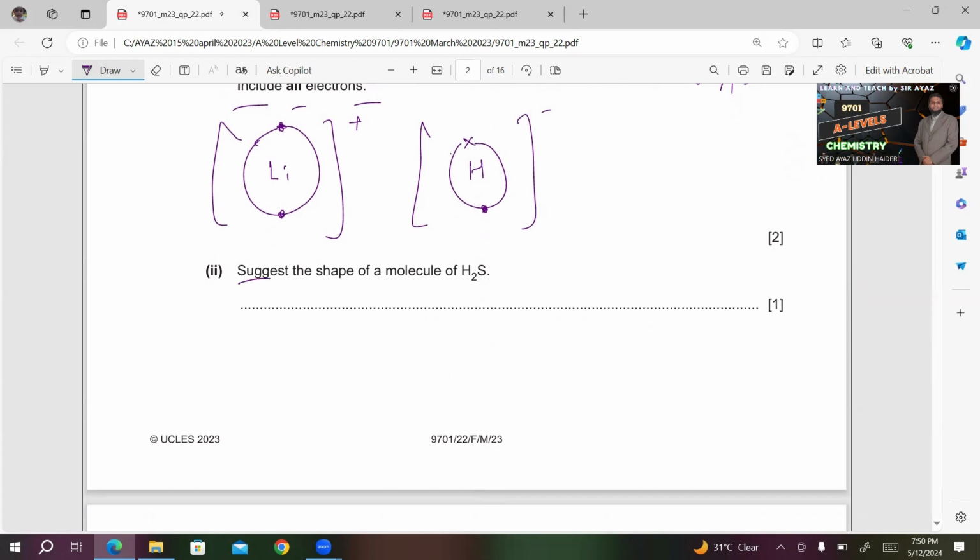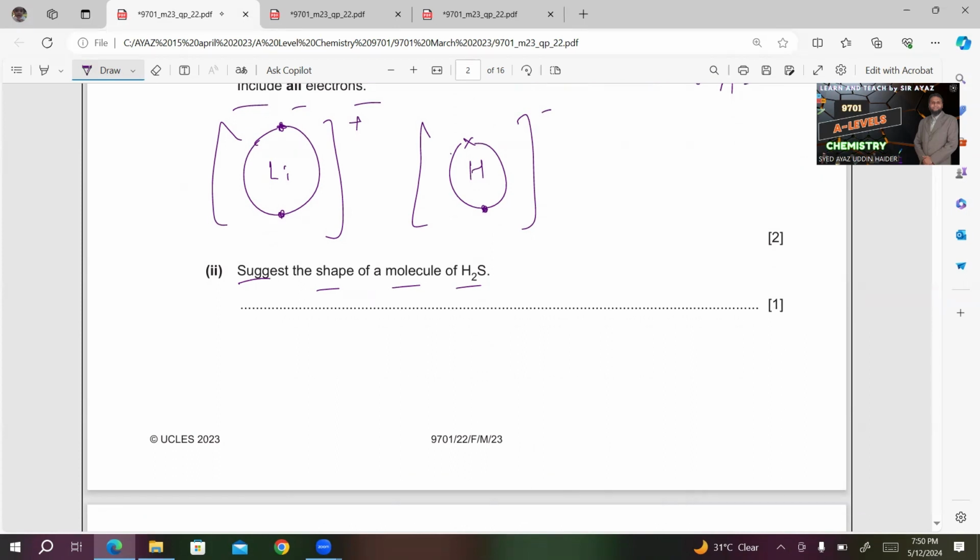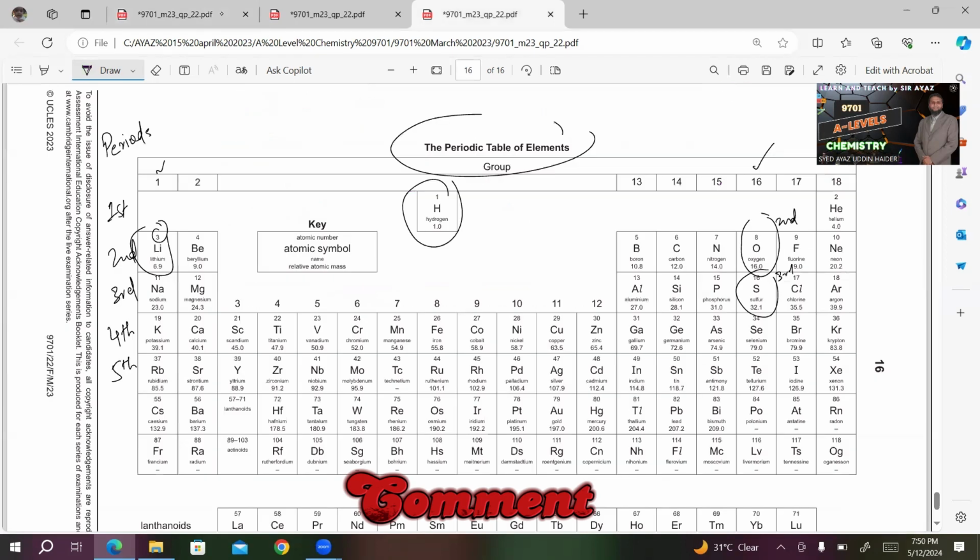Number 2, suggest the shape of a molecule of H2S. Shape of molecule of H2S. We have 1 sulfur and 2 hydrogen. Look at the position of sulfur.